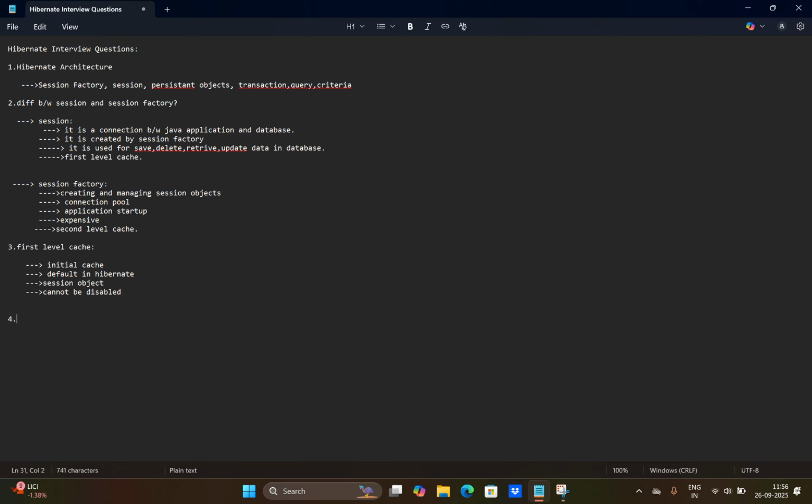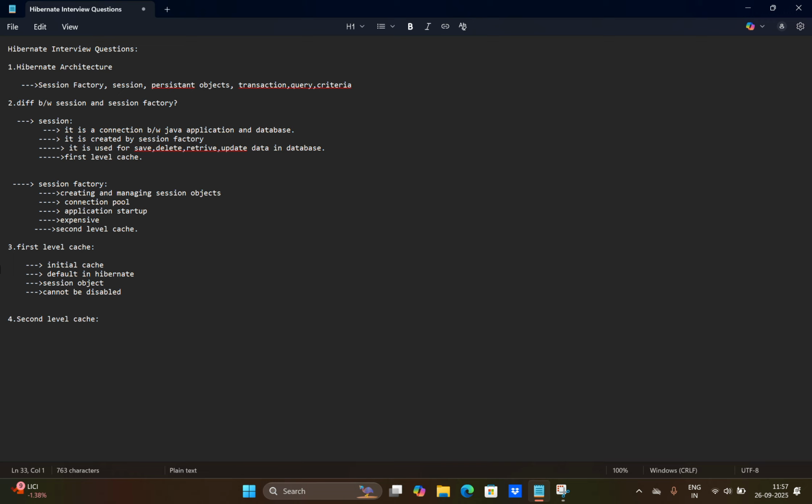Moving on to the fourth question: What is the second level cache in Hibernate? Well, coming to the second level cache, caching in Hibernate allows us to cache data at the session factory level.